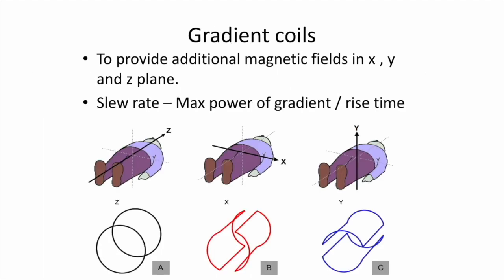The gradient coils are located within the gantry and are used to apply additional small magnetic fields in the X, Y, and Z planes. Slew rate is a measure of the power of a gradient coil, which is the maximum power divided by the rise time. The higher the slew rate, more powerful is the gradient coil.